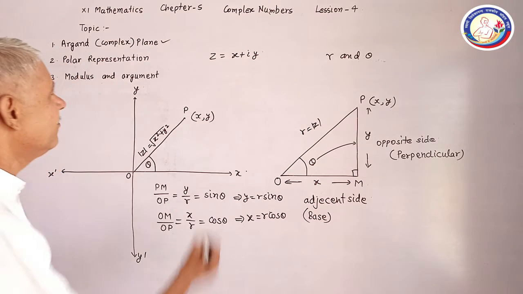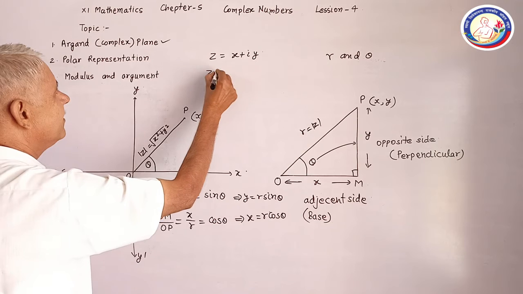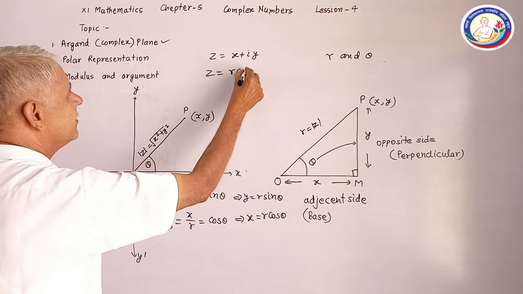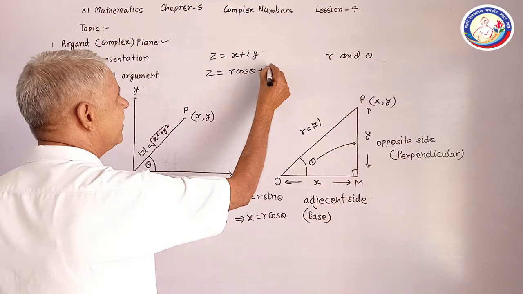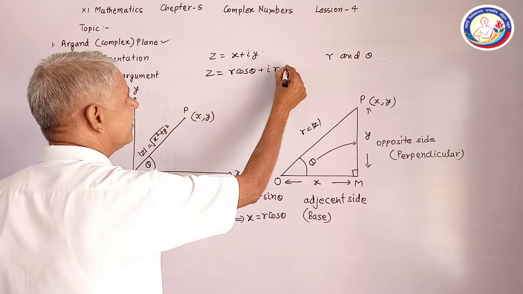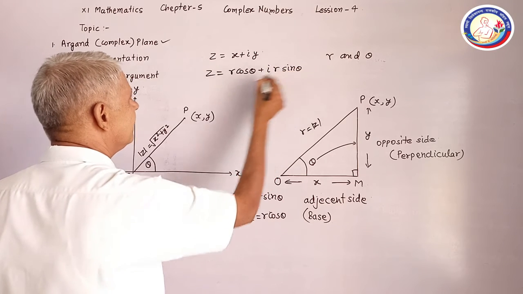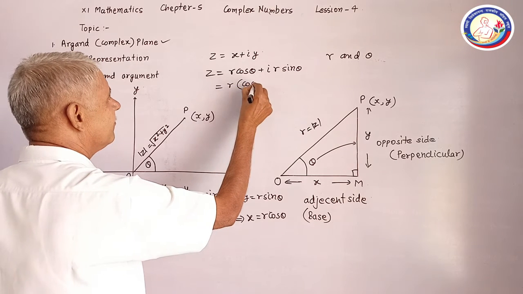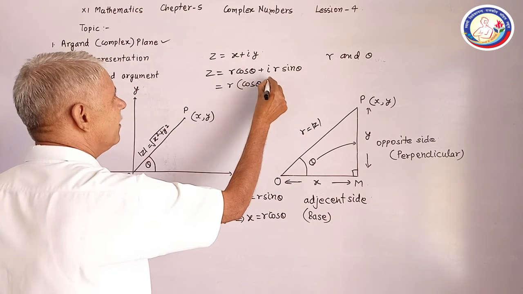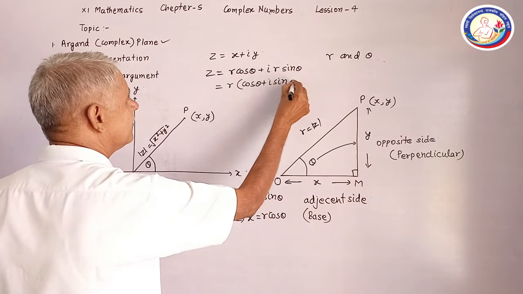In this way, now what can we write? z can be written as r cos theta, putting the value of x here, and y again here, i r sin theta. r is a common factor here, so take r outside. We will have cos theta plus iota sin theta.